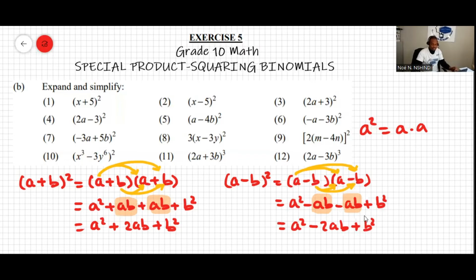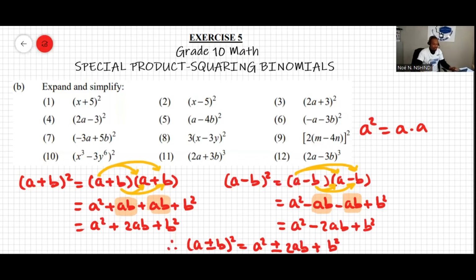Therefore, I want to give you a formula that we can use to solve this problem. So it says a plus or minus b, to the power of 2, is equal to a squared plus or minus 2ab plus b squared. If it's a plus b, we do a squared plus 2ab plus b squared. But if it's a negative, then we do a squared minus 2ab plus b squared.